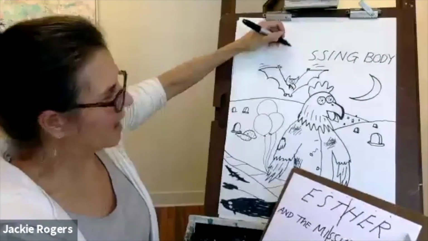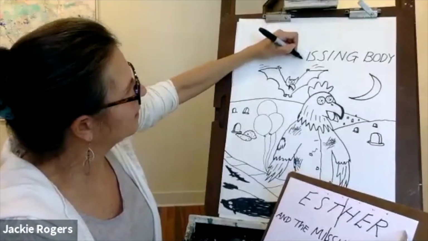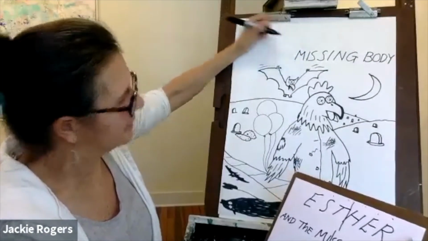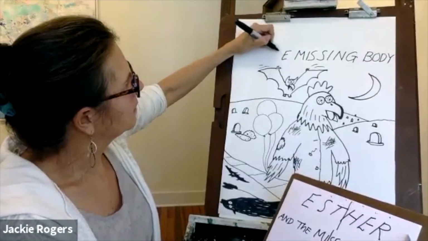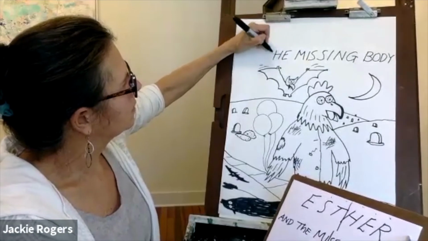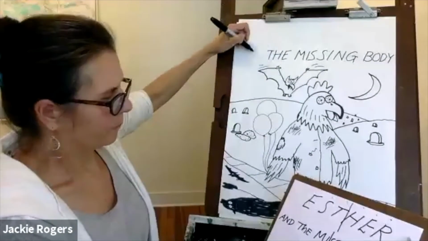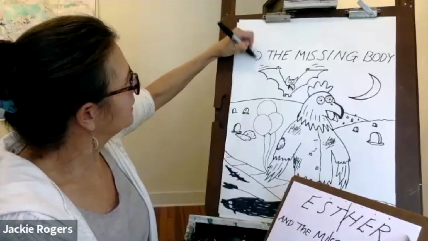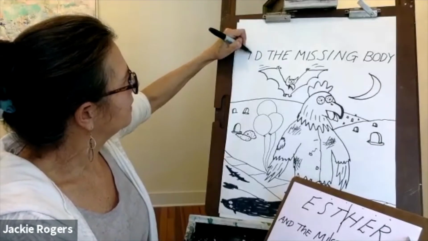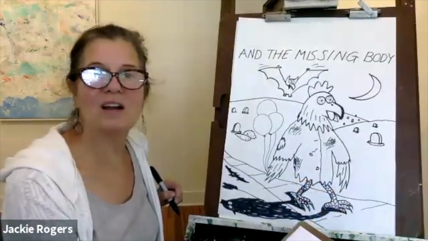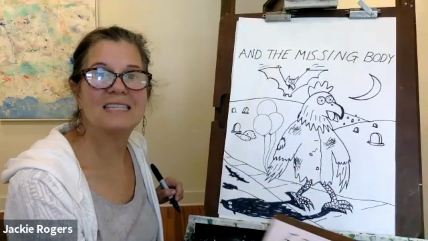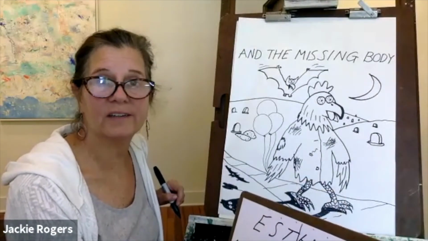And now I go backwards this way. There's missing. And then E, H, T. And then D, N, A. And look, I fit the whole thing on the page. That's a little illustrator's trick.